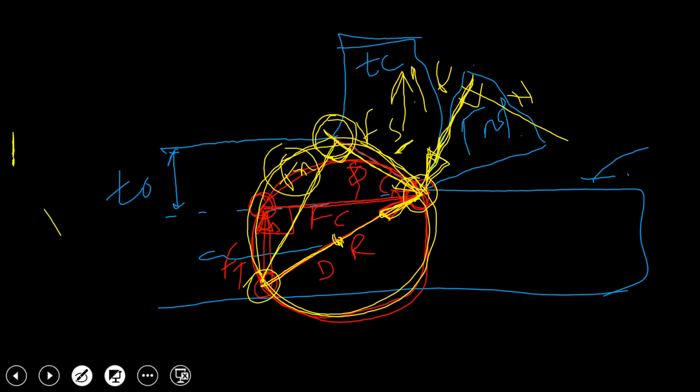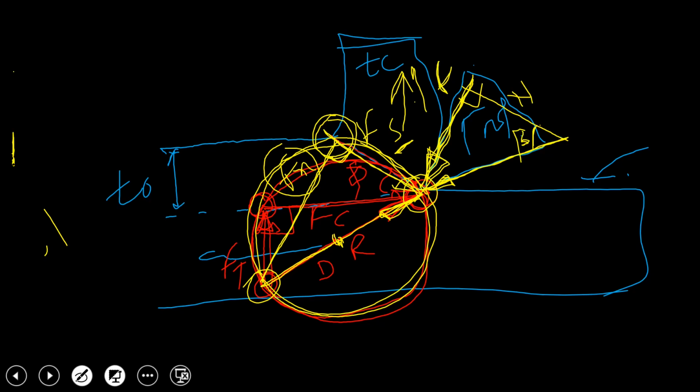And what I will do, I will calculate a resultant of those two. So it will appear like this one. And if I calculate this angle, that will be a friction angle that is denoted by beta.